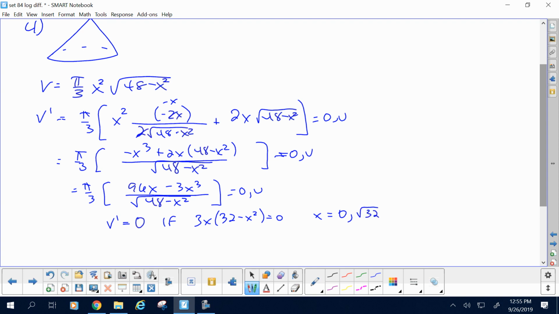All right, plus or minus technically, and I believe those are in the domain, so I think those are good critical numbers. Where is v prime undefined? If x is root 48, yeah? Or 4 root 3. You with me? Okay, so you've got your critical numbers and do your thing.